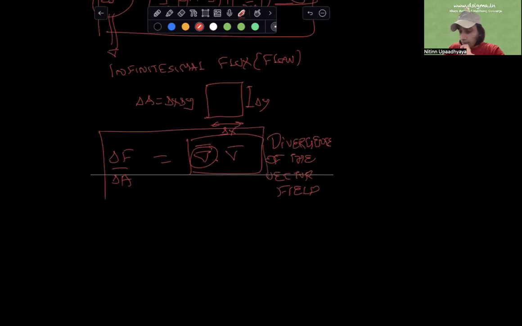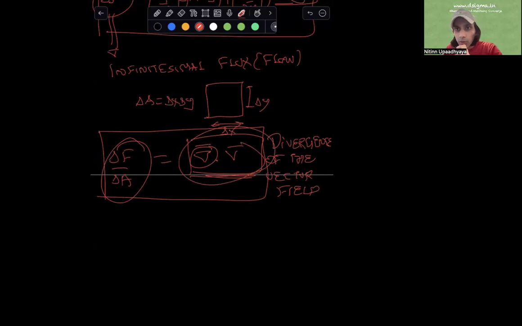So, notice this interesting relation that we have just discovered for ourselves, which is that the divergence of the vector field captures the net flow, the flux across this region, normalized by the area of the region. So if you think of this as a flux density, that's the net flow divided by the area, then the divergence is equal to the flux density across that region. So this is divergence, and this I can write down as the flux density.